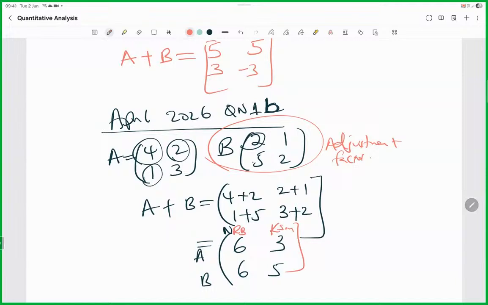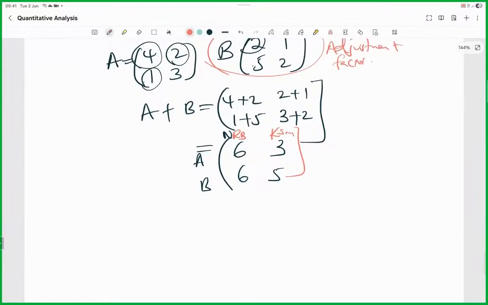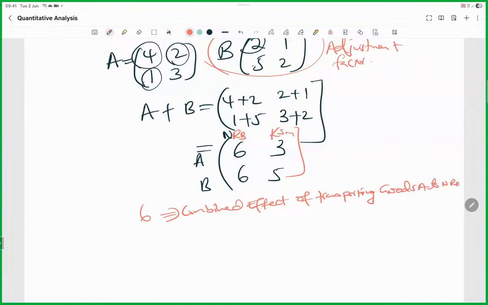So we write down: the 6 is the combined effect of transporting goods A to Nairobi, combined or adjusted transportation costs.